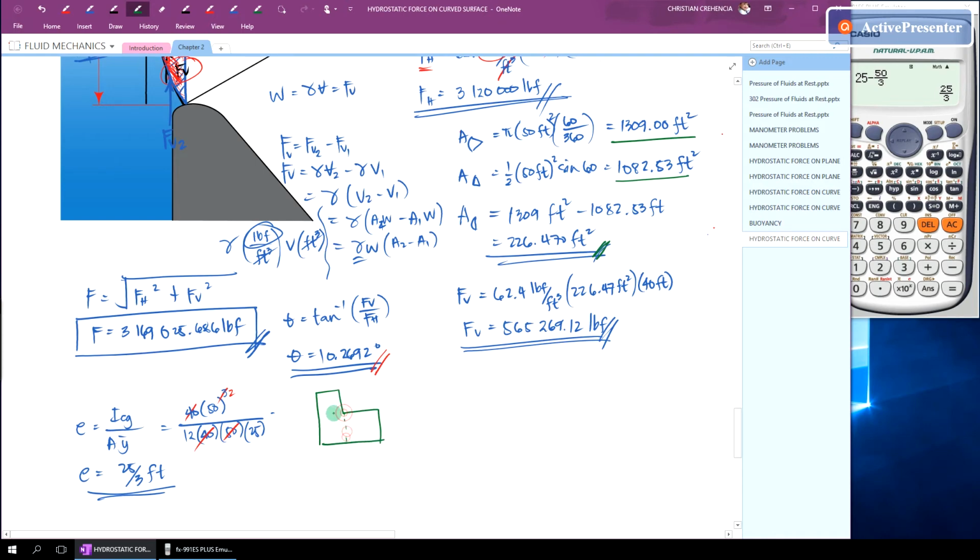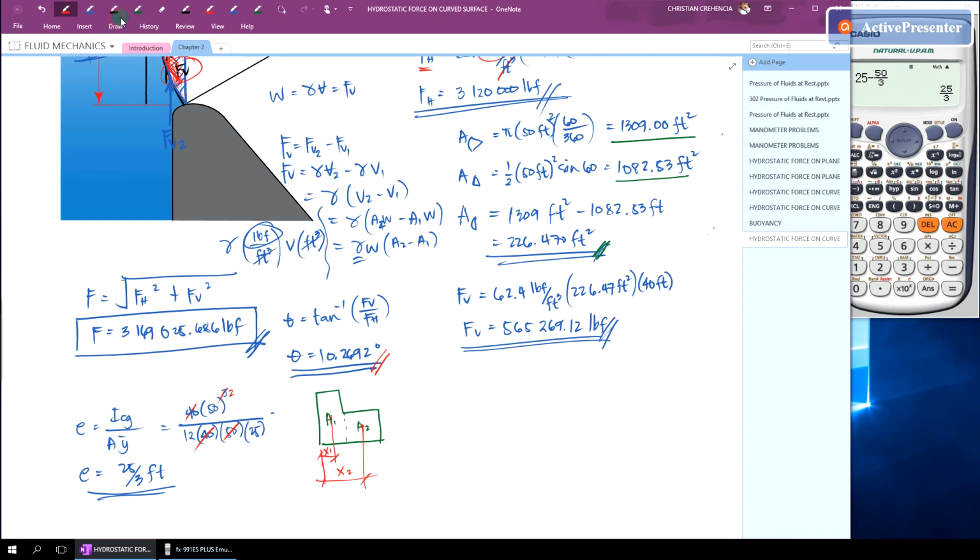So pwede natin itong hatiin, let's say area 1, area 2, or kung anumang shape meron tayo. Then let's say this is center ng rectangular, so madali lang, gitna. So let's say that's x1. Then ito, centroid niya, papunta roon, that is x2.